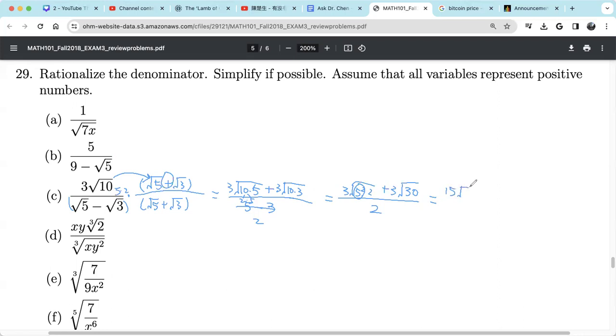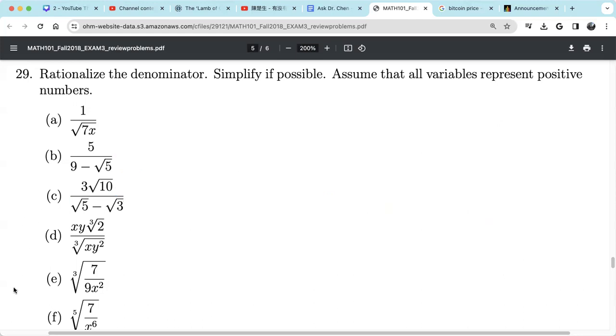So that becomes 15 radical 2 plus 3 radical 30, all divided by 2. So it cannot be simplified. We just leave like that. So this is rationalize the denominator with 2 terms. So we use difference of 2 squares property.